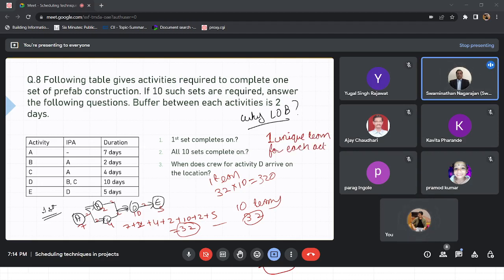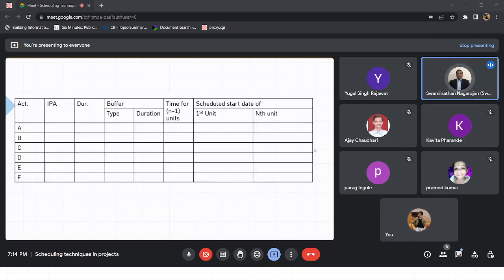So now we will start by making the table that we saw in the lectures, with IPA and duration. I hope some of you are trying this with me.